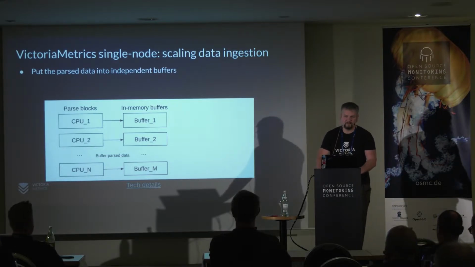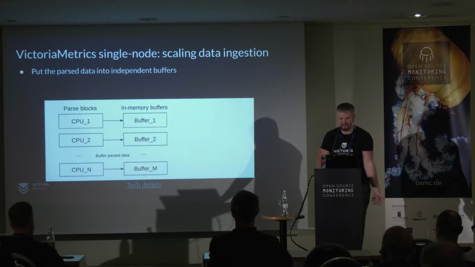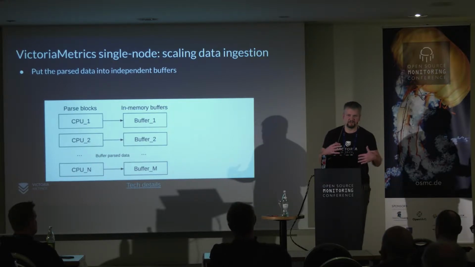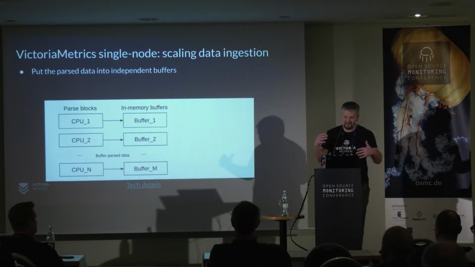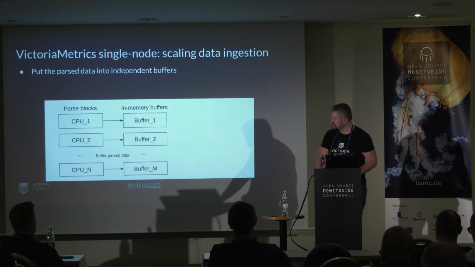After the blocks are parsed, they are put into in-memory buffers, and VictoriaMetrics maintains multiple independent in-memory buffers in order to avoid a single global lock, which usually reduces the scalability of the system on multi-core, multi-CPU systems.